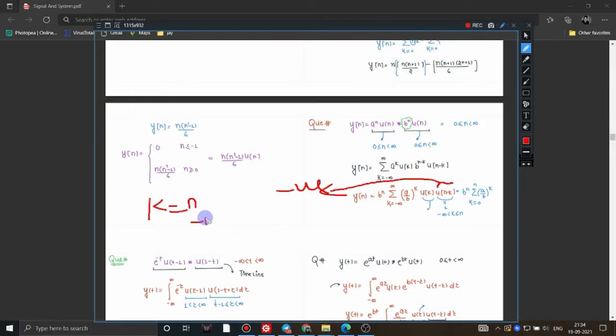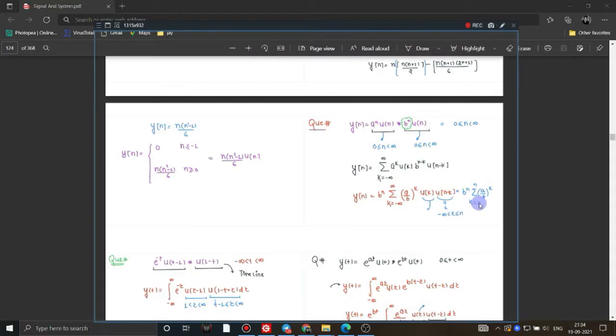So our range is from minus infinity to n. Because of this u[k], it is 0 to infinity. The resultant range is from 0 to n. So b power n, sigma k equal to 0 to n, (a by b) power k. This is the result.